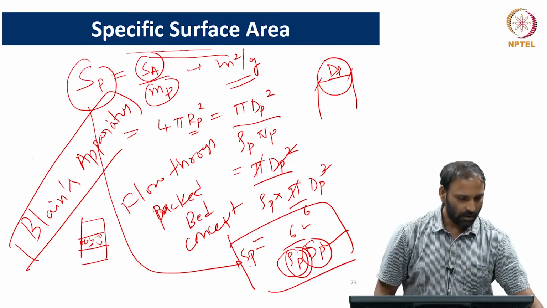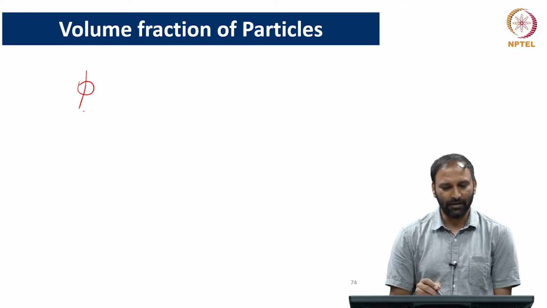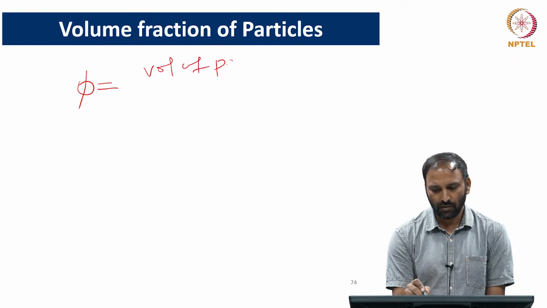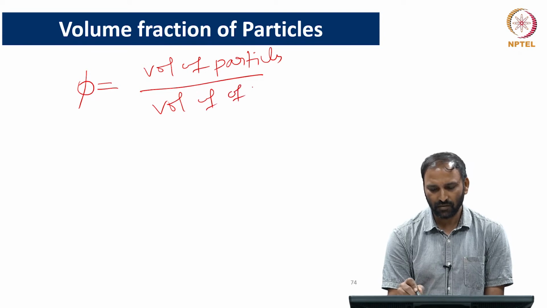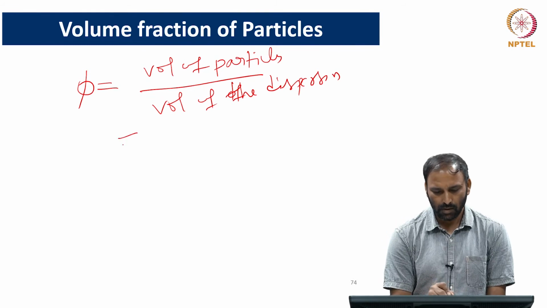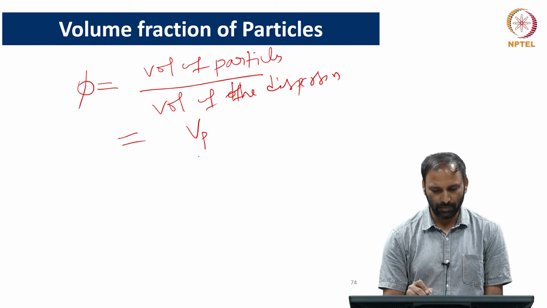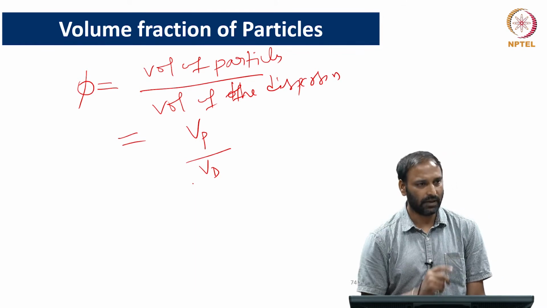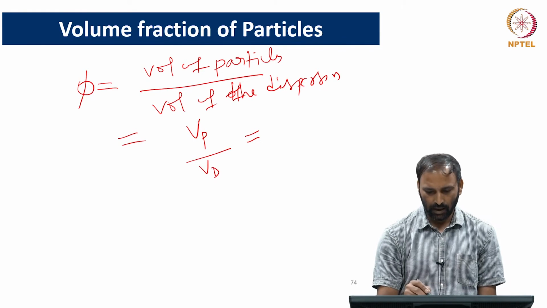Now, the next parameter, phi. We have defined this already. So, phi is defined as the volume of particles divided by the volume of the dispersion, Vp divided by Vd.